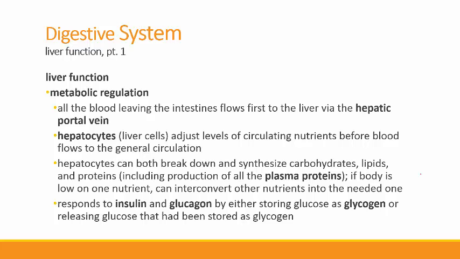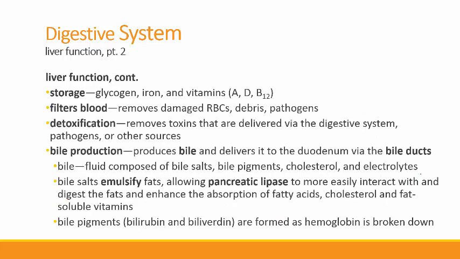the amino acids that we have to eat in order to have them in our body. The liver also responds to the hormones insulin and glucagon. In the case of insulin, it stores glucose as glycogen. In the case of glucagon release, it breaks up the glycogen and releases glucose that was stored previously. So metabolic regulation is a really important function of the liver, but there are other functions as well.